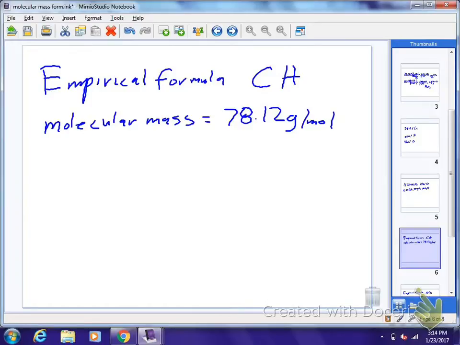Tell me what I would need to do to figure out the actual formula, because when I add these two together, I get 13.03, if I go farther than just the nearest gram. Tell me what the actual formula would be and how you would get it. What would be the actual formula?